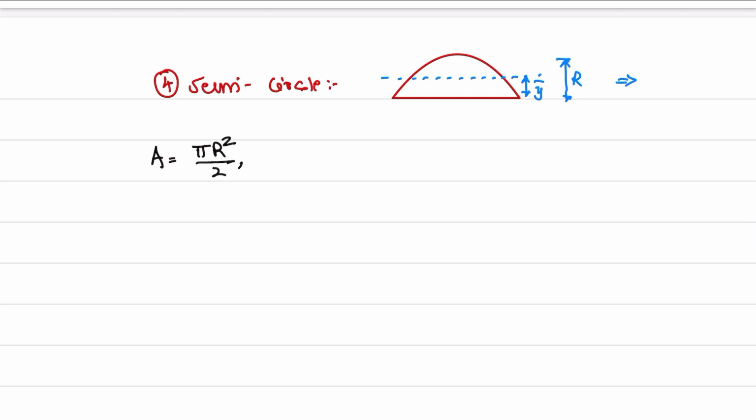Pi r square is the circle area, semicircle is pi r square by 2. And y bar is equal to 4r by 3 pi. Please remember this value. That is 0.425 r.